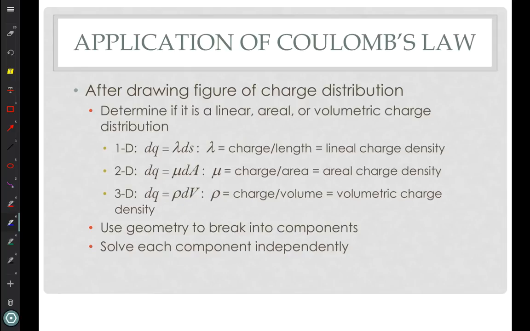Then I said here, use geometry to break into components. Solve each component independently. So for instance, in problem 1B of that homework set, your point was not above the line but off to the side. And so you had both vertical and horizontal components to the electric field. So the horizontal component is the total electric field times the cosine of your angle.